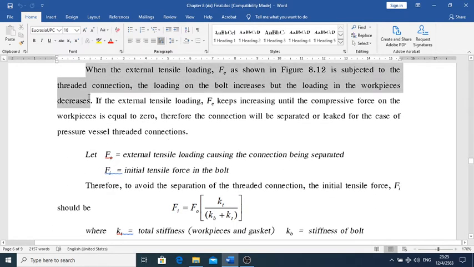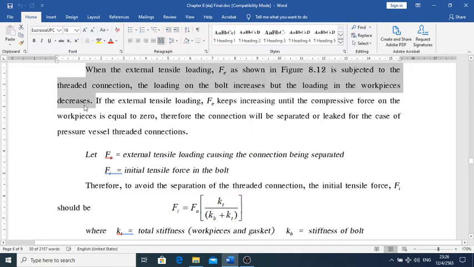So it says in here, when the external tensile load F sub E, as shown in figure 8.12, is applied to the thread connection, the loading on the bolt increases, but the loading in the workpiece decreases.